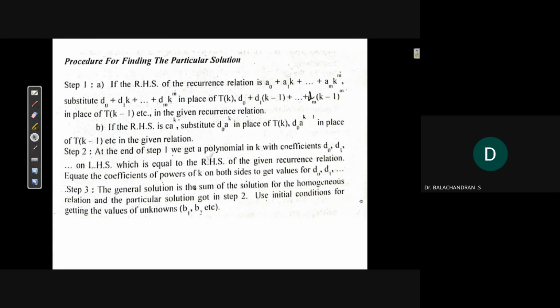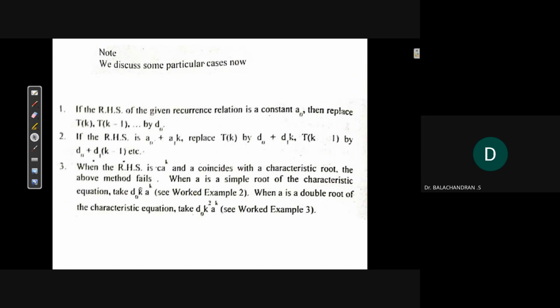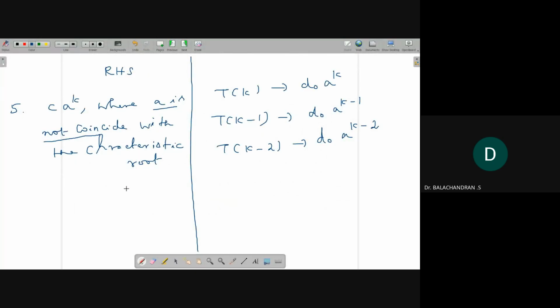Next, the third case: suppose the right hand side is again c into a power k, where a coincides with the characteristic root.